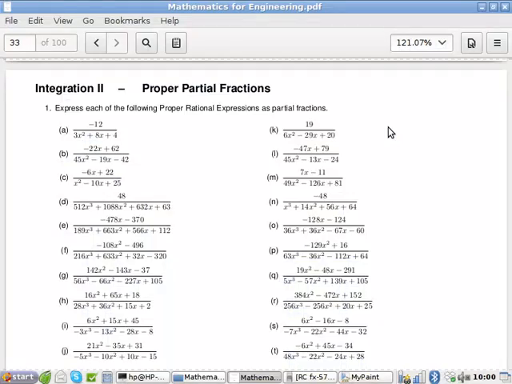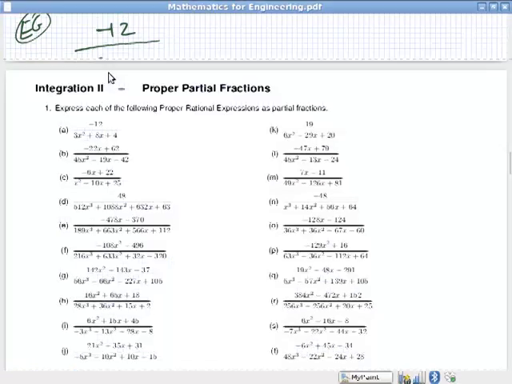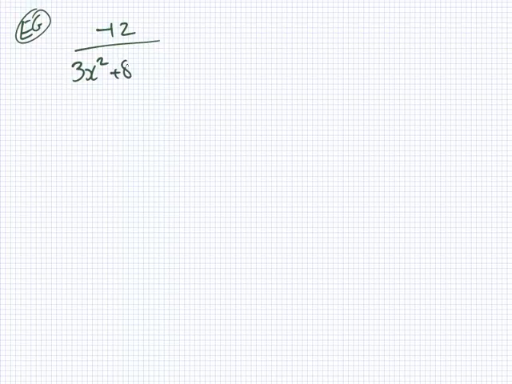The first example is just a constant over a quadratic. So our first example: minus 12 over 3x squared plus 8x plus 4.